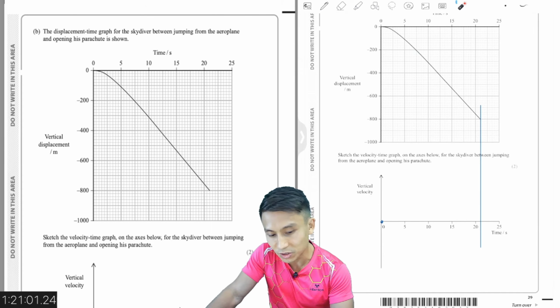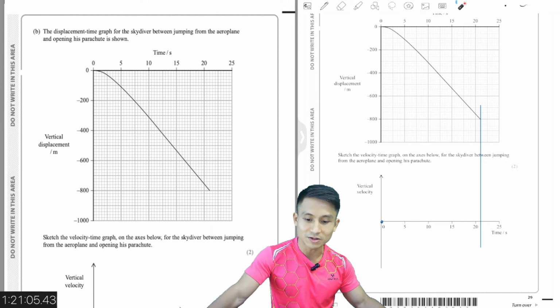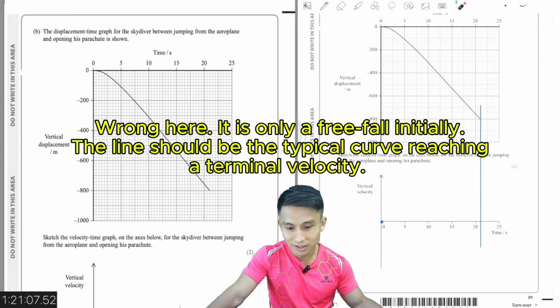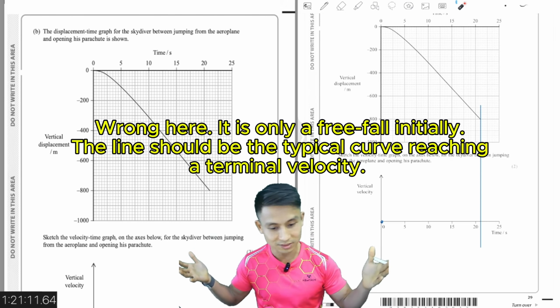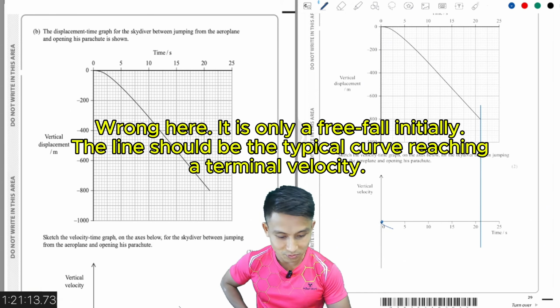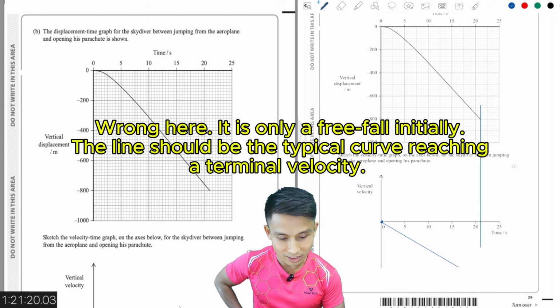And as we know, velocity is the gradient of the graph. So at first, velocity is 0 because the gradient is 0. And then assuming that this is a free fall because we ignore air resistance, that means this must be a straight line. Like that. But we can calculate.